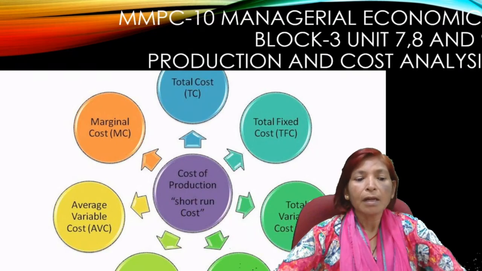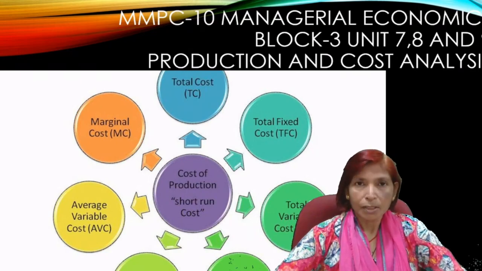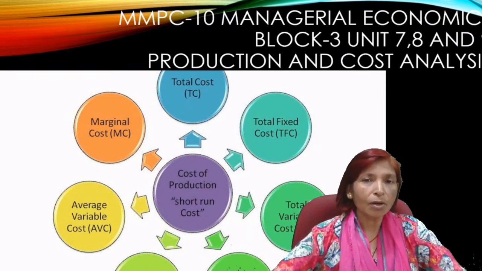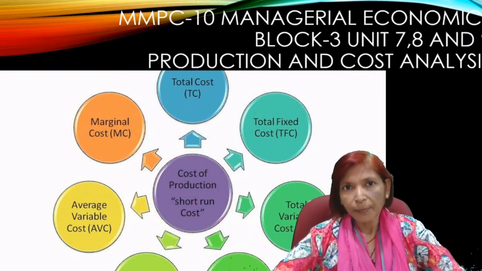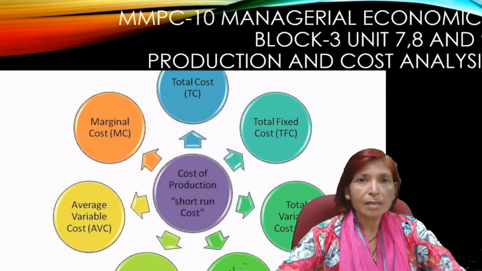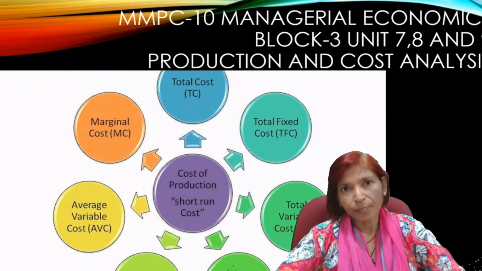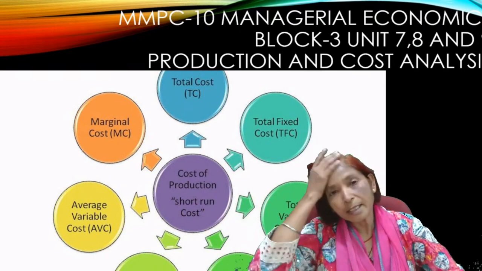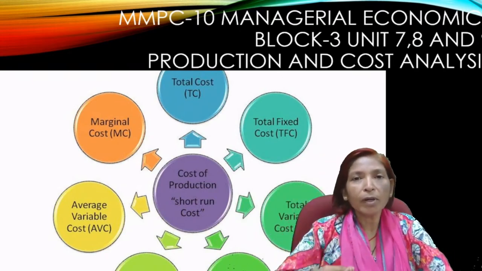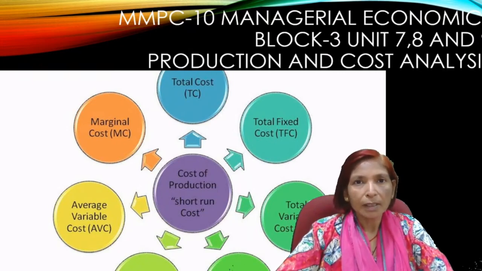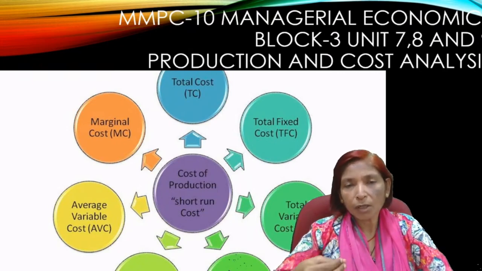Next is average cost. Average cost is per unit cost of output. And marginal cost is the net change in total cost. Or in other words, we can say that if we include one more additional unit of labor for producing goods and services, then there will be change in total cost.